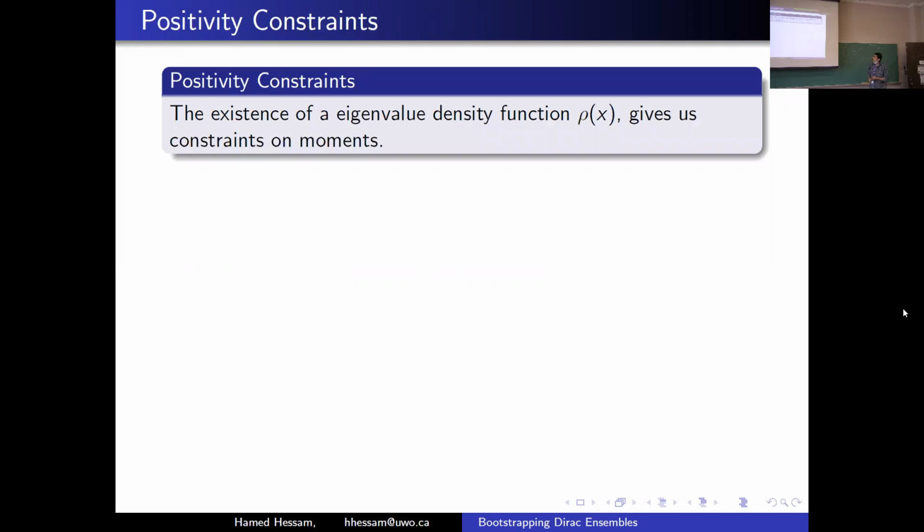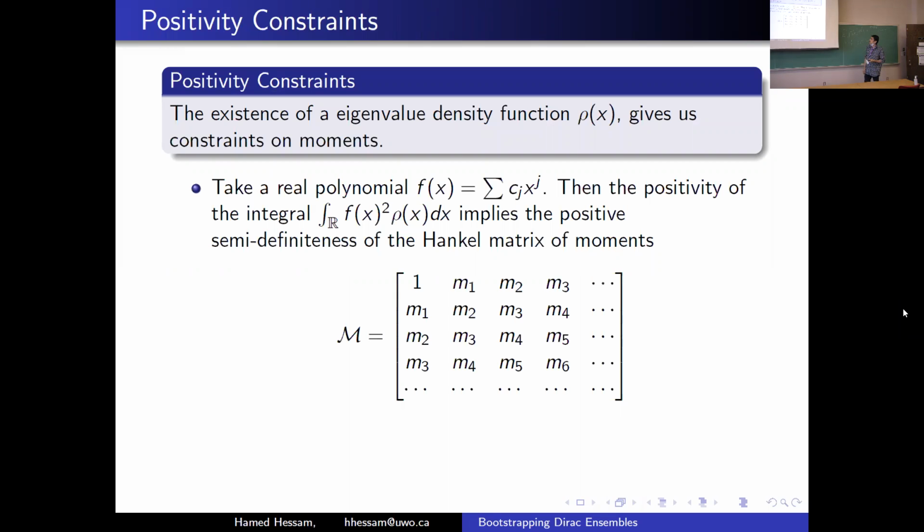So, let's talk about the positivity concept. As I said before, it comes from the Hamburger moment problem, but we can see it as a positivity of that integral, which can define an inner product on the space of polynomials. So that positivity means that this matrix is positive definite.